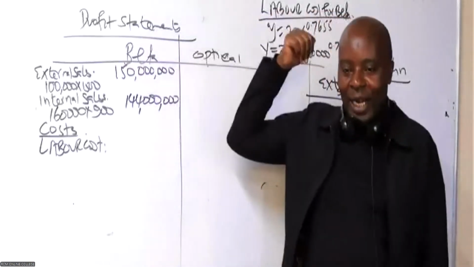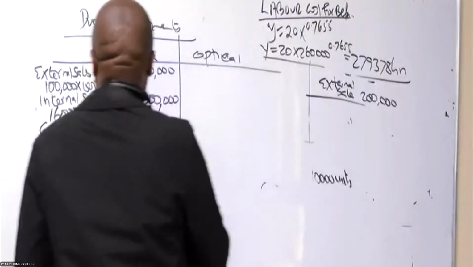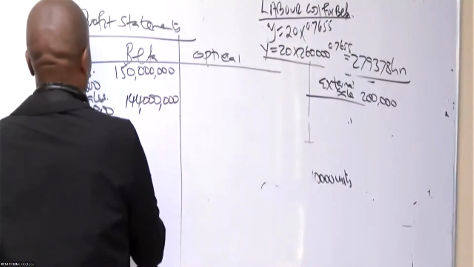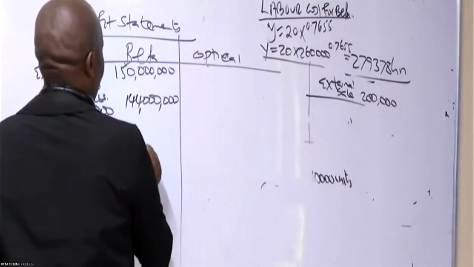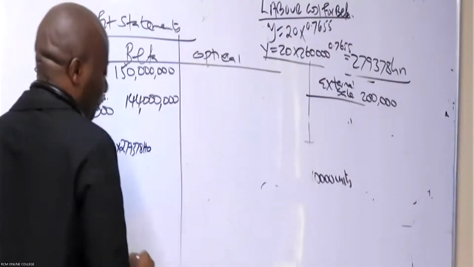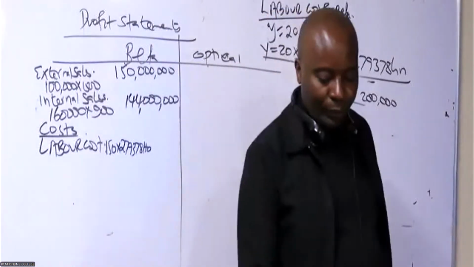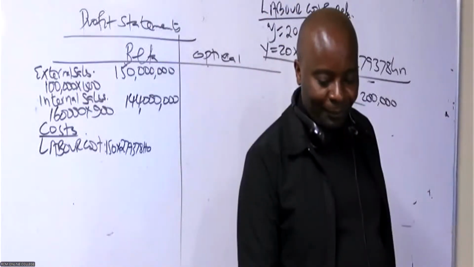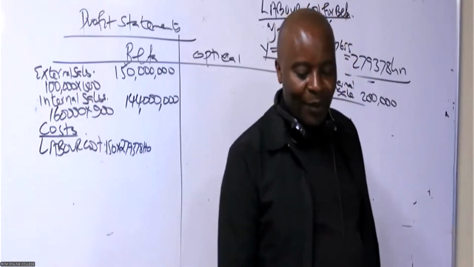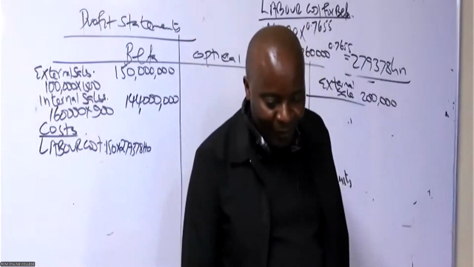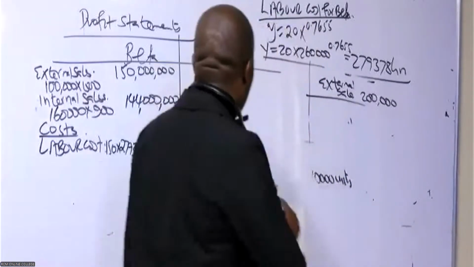You guys gave me hours, yes? So 150 times number of hours. So according to our hero, it should be 41,906,700.